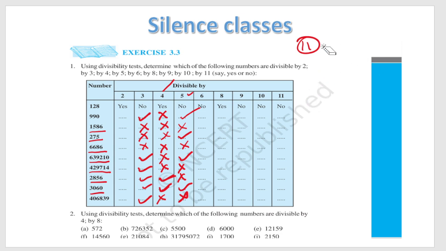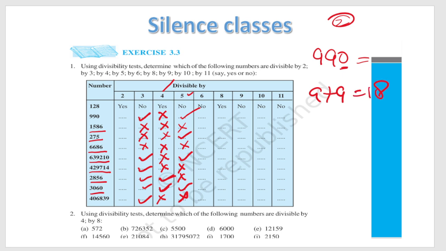Okay, so what we have to check? 990. First of all, 0 is there, it means it is divisible by 2. And next, we have to check whether the number is divisible by 3 or not. 9 plus 9 is 18.